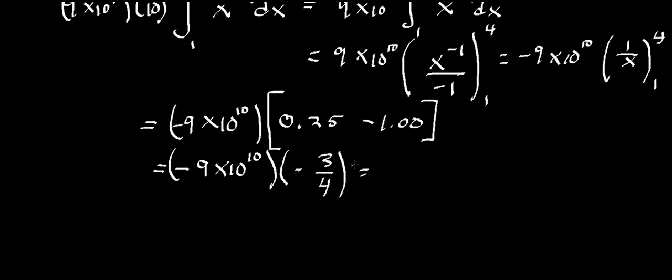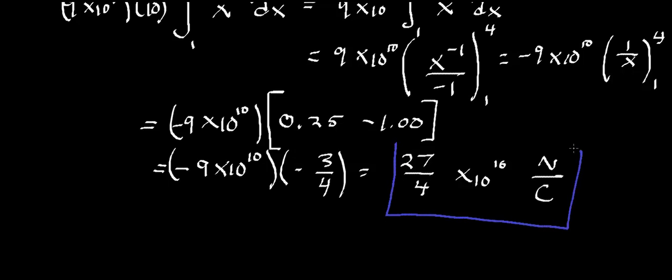And it looks like what we're going to get is, well, 9 times 3 is 27, and we're dividing that by 4, so what we get is approximately 27 over 4 times 10 to the 10th, and this is going to be in units of electric field, and since everything was in newtons, meters, and coulombs, this is going to be newtons per coulomb. And in general, whenever you compute an electric field, those are going to be the units that you want to report it in generally.